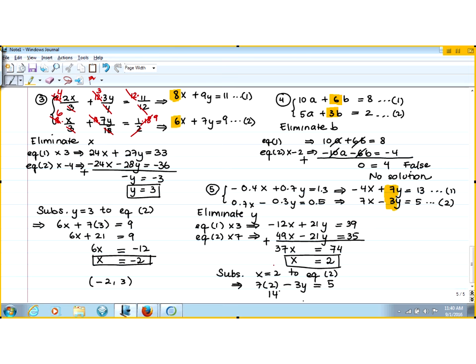So 14 minus 3y is equal to 5. Then what? Negative 3y is equal to negative 9. So subtract 14 from both sides. So what is y? 3. All right, so the solution is 2, 3.